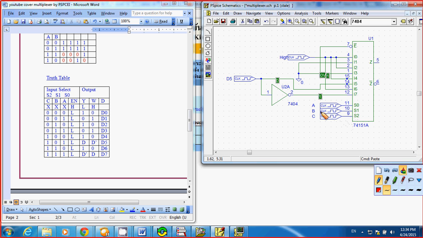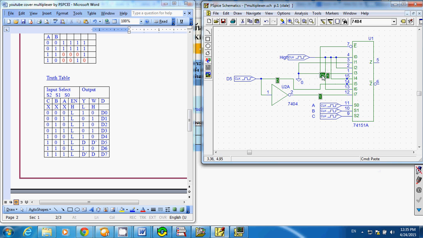And S1 becomes input B, and S0 input A. And then for enable here, to make it work, I connect enable pins to ground or digital logic 0. That's why I have ground here. So I have the E enable pin here.